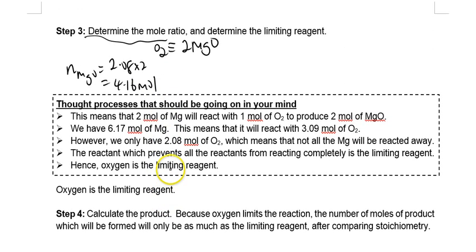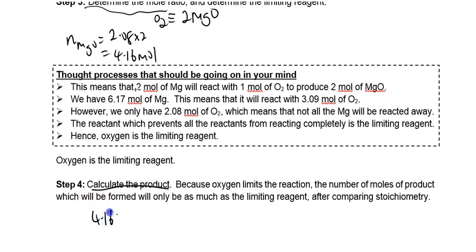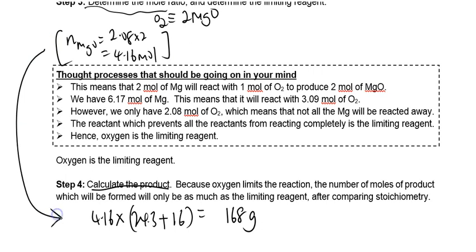And to calculate the product formed here, it would simply be 4.16 times the molar mass, 24.3 plus 16, giving me 168 grams. Okay, this step should actually be down here.